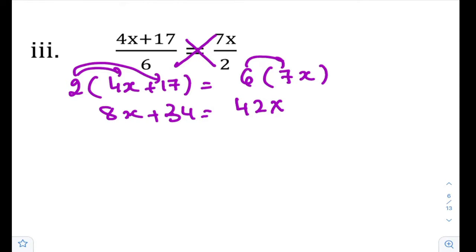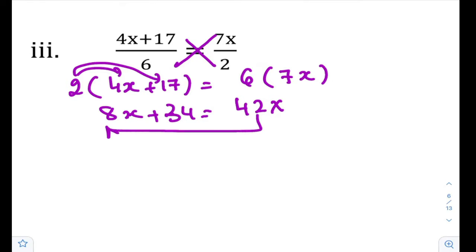Actually, this is just multiplication. This is not distributing. It is just multiply 6 by 7x. Distributing is only for a sum or a difference. التوزيع هيكون على الجمع أو الطرح، مش ضرب على ضرب. You cannot distribute multiplication over multiplication. You just multiply once. So we have here a simple equation.